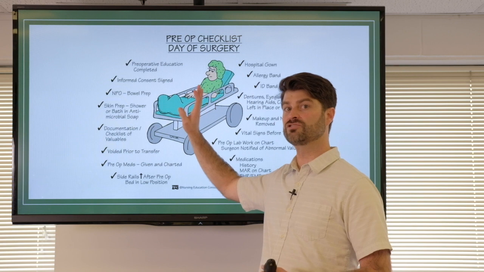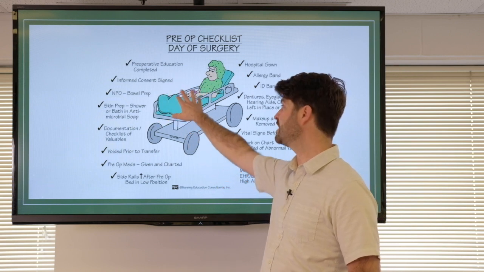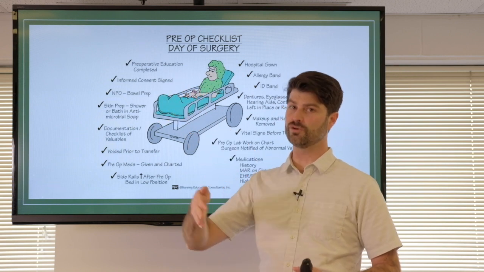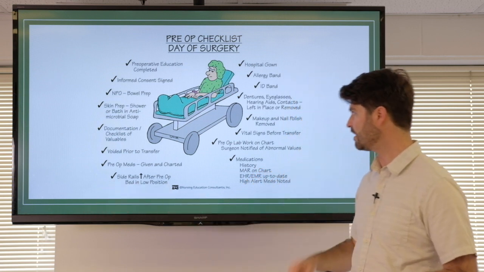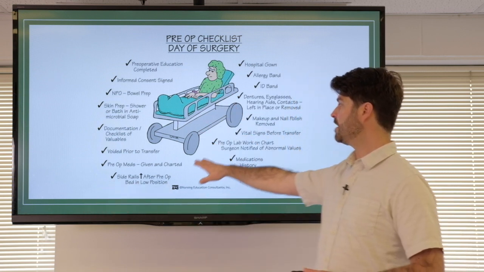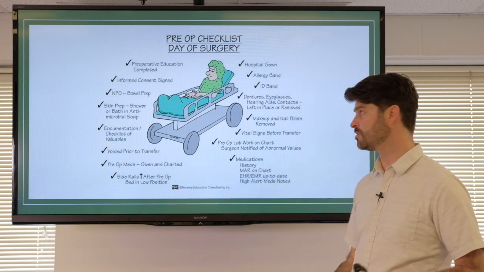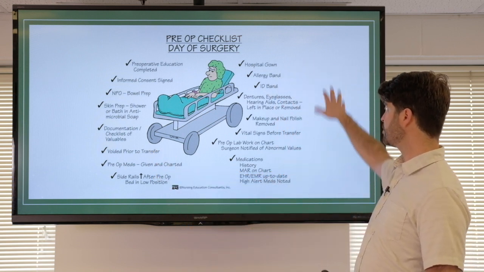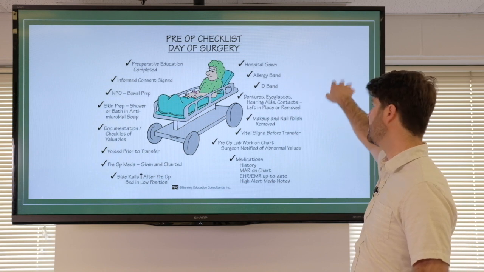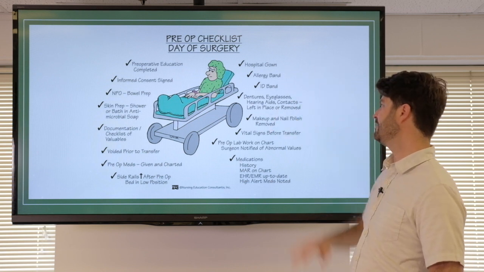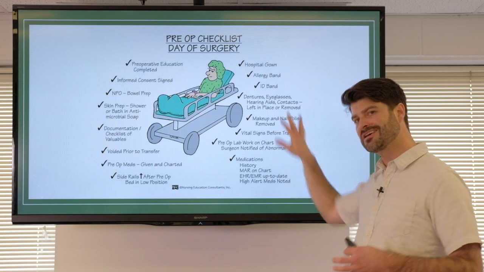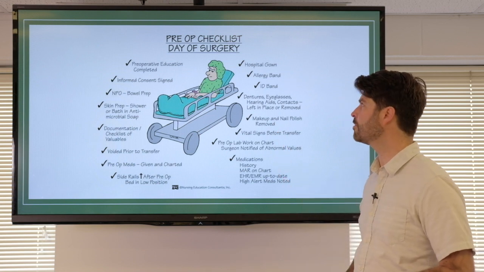But the process of actually making sure that informed consent is obtained has to be done by the person doing the thing. Making sure our patient is prepped, making sure they voided before they go to surgery or their catheter's been inserted, all these other things, allergy bands, hospital gowns, ID bands, any other kind of stuff. This is kind of the checklist of things that we're looking for.